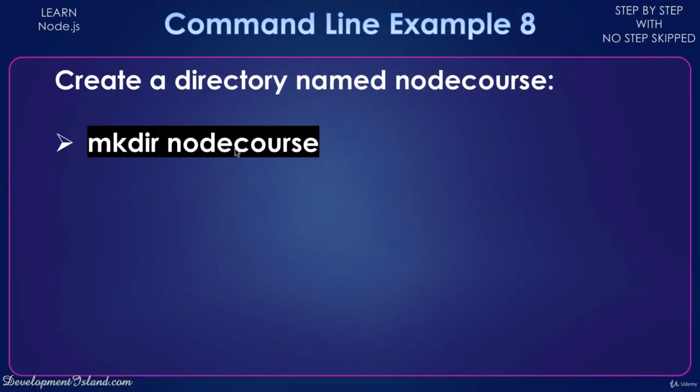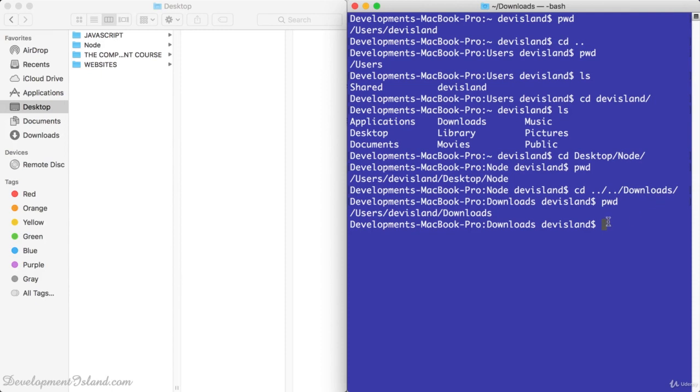Now let's create a directory named node course. So the syntax is make directory like that. So let's try that. So we're going to go back to the node folder. So let's move up one directory. Now we are inside dev island.